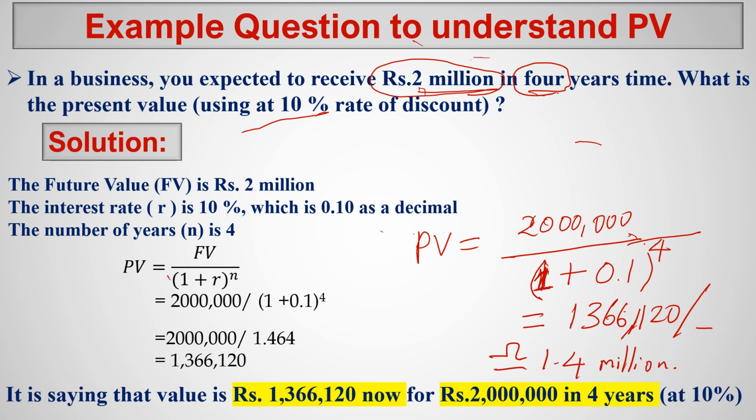If I invest more than 1.4 million today, I will not accept this project. So this is a very simple understanding. What is today's value of the money I'm going to receive after 4 years? This is very clear.